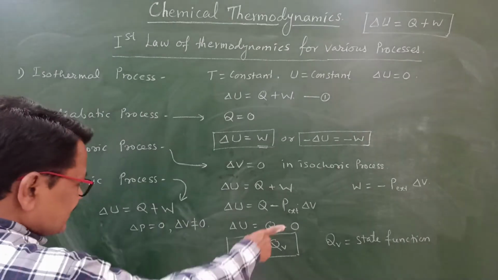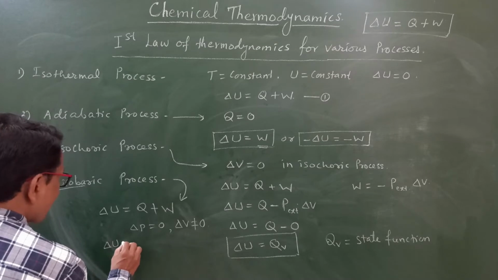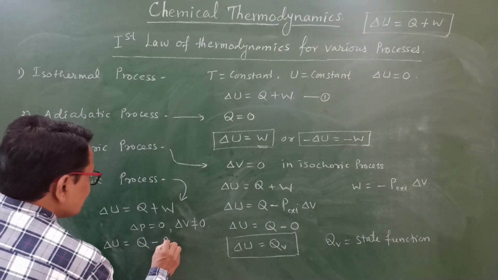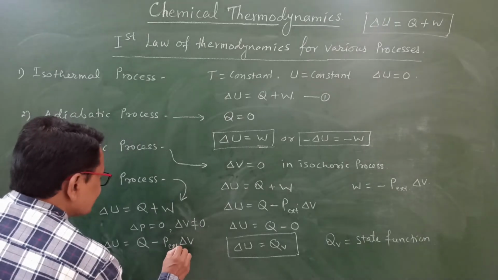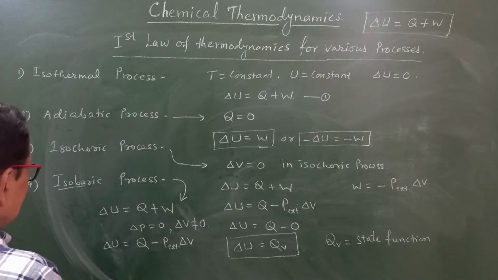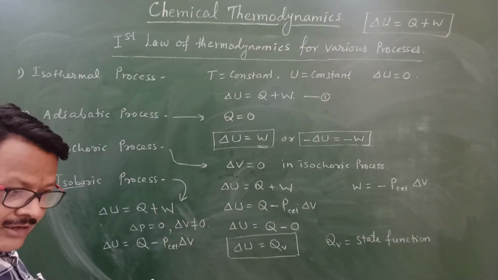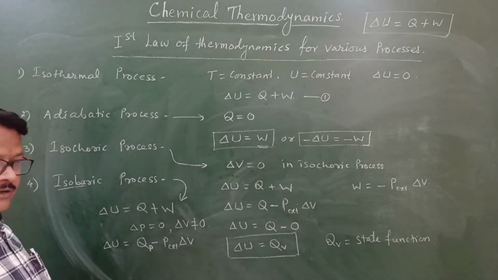By putting in the work, delta U is equal to Q minus P delta V, where P is the external pressure. And this is the isobaric process, meaning heat is supplied to the system at constant pressure, so it is denoted by QP.